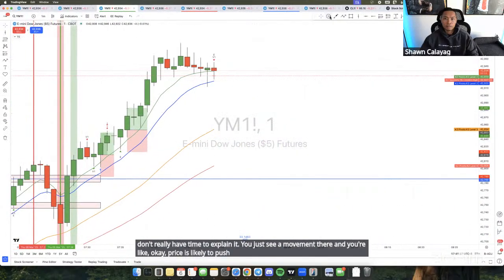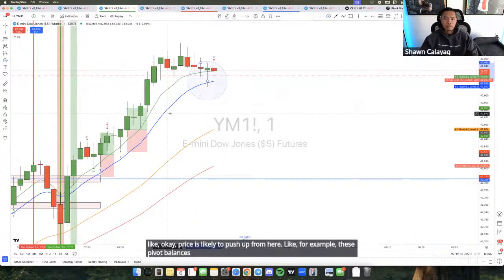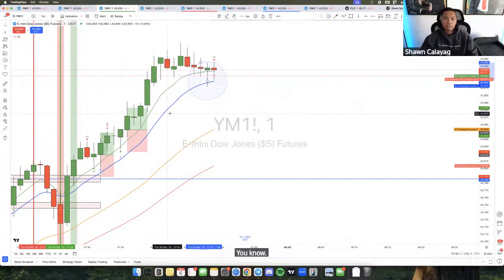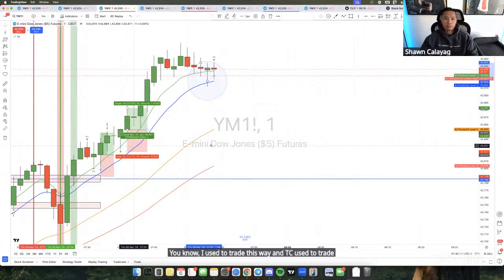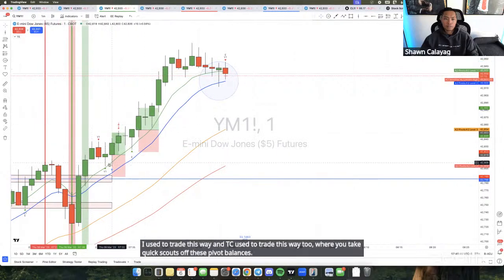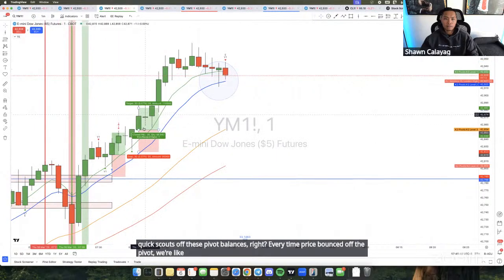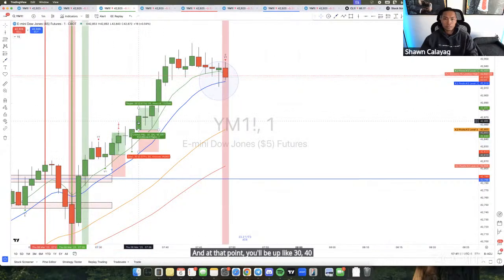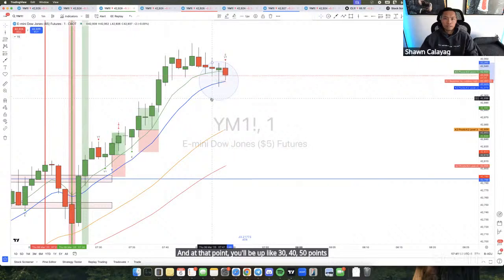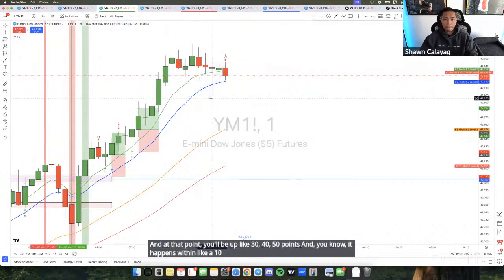Like for example, these pivot bounces. I used to trade this way, and CC used to trade this way too. We'd take quick scalps off these pivot bounces, right? Every time price bounces off the pivot, we're like, all right, 10 points, 10 points, 10 points. And at that point, you'll be up like 30, 40, 50 points, and it happens within like a 10-minute period.